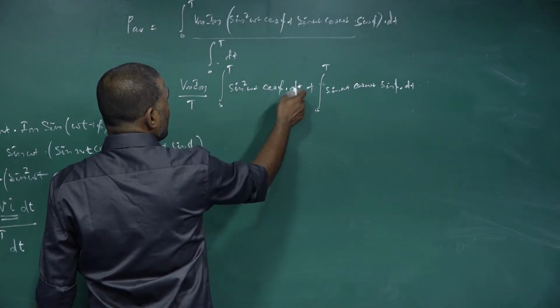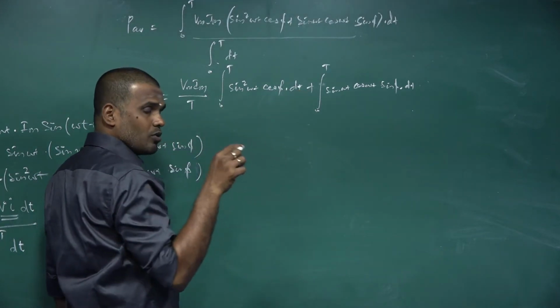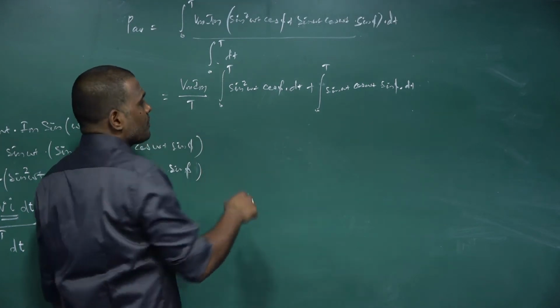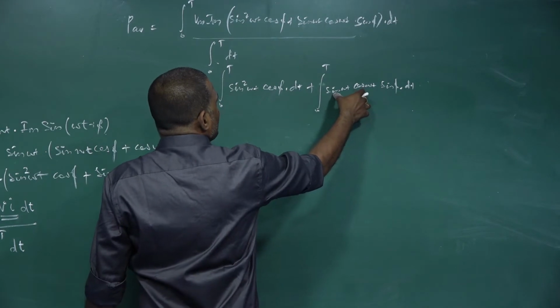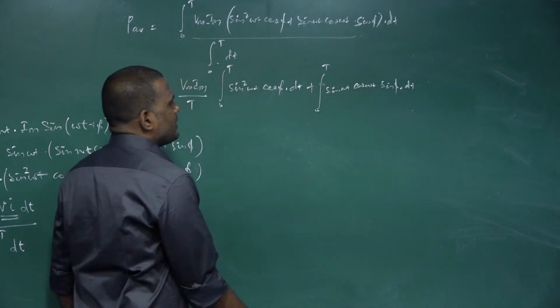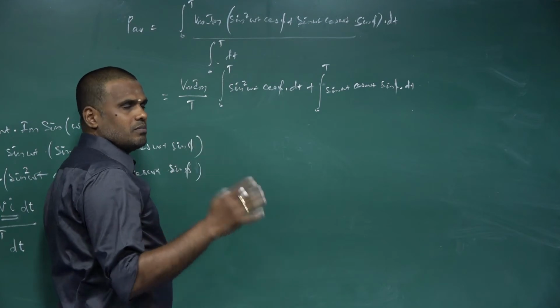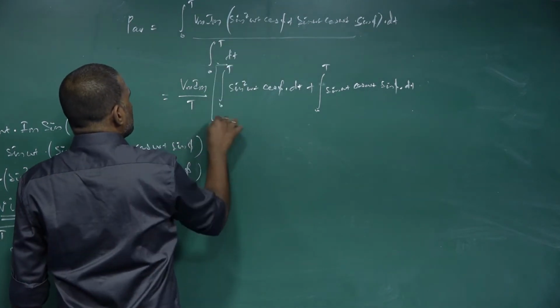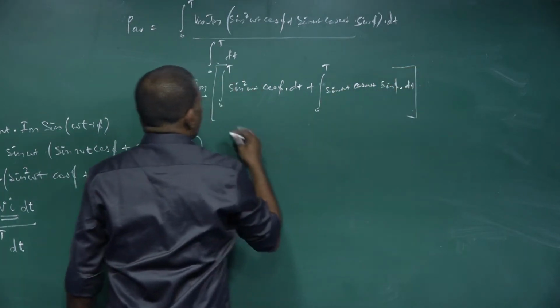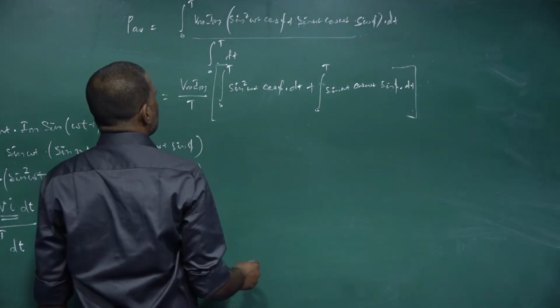Integral of sin square omega t into dt, the average over one complete cycle, is half. This quantity will become half. And the average of sin omega t cos omega t into dt is 0. We can just have a proof for that. Vm Im divided by T into the sum of these two integrations.